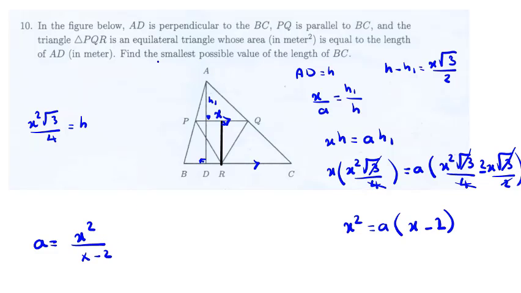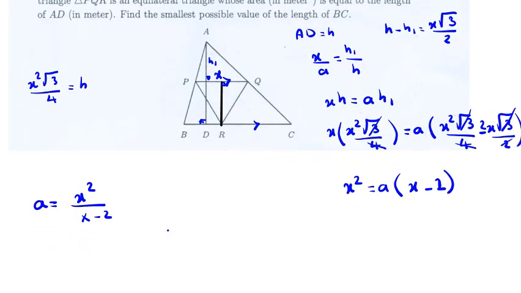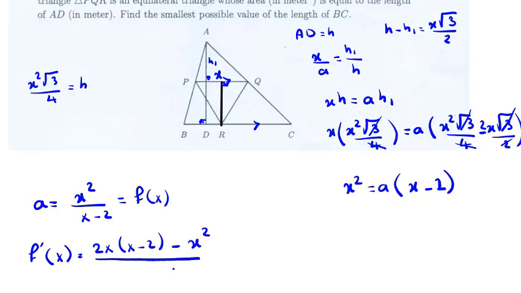The problem says find the smallest possible value of a or bc. So we differentiate, consider f of x. So f prime x equals, let me check it again, 2x times x minus 2 minus x squared times 1, over x minus 2 squared.